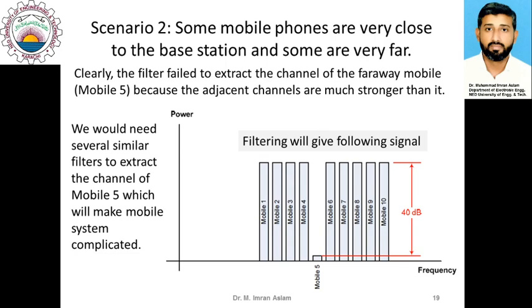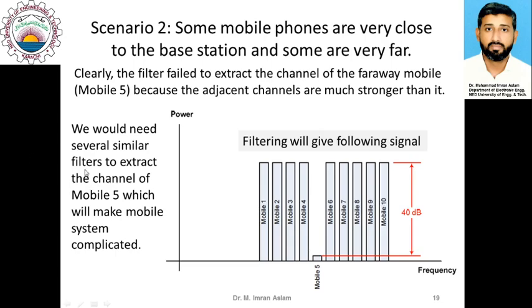If you want to extract the signal from mobile number 5, we can use the filter again, reduce by 20 dB, and then again reduce by 20 dB, and then again by 20 dB.